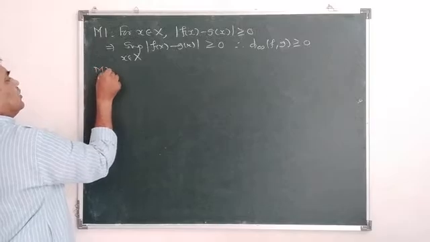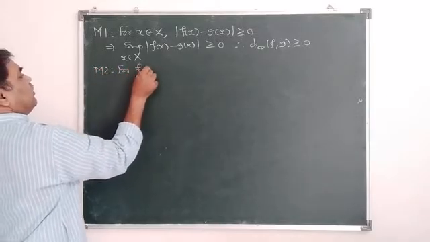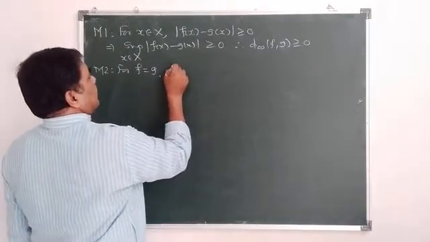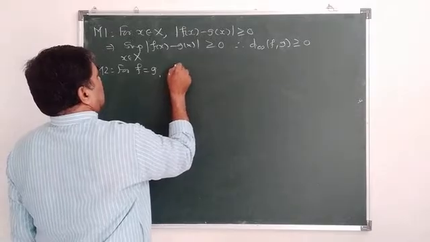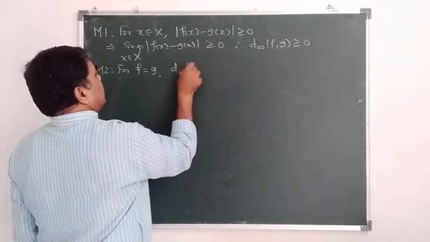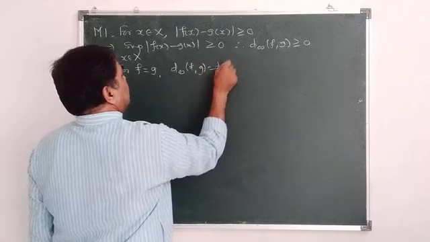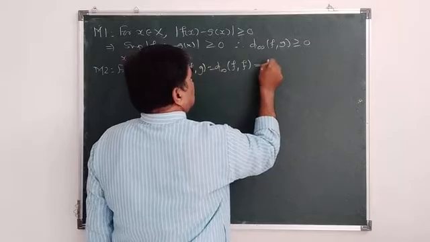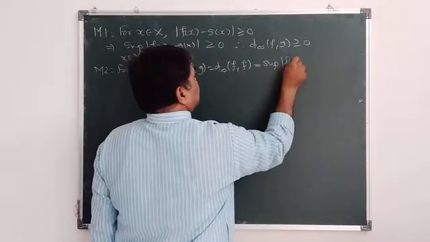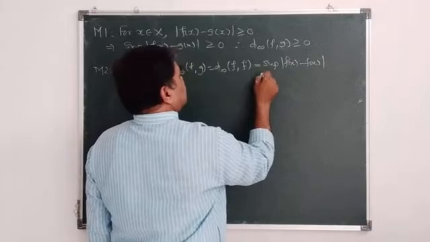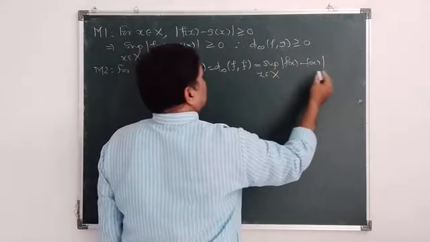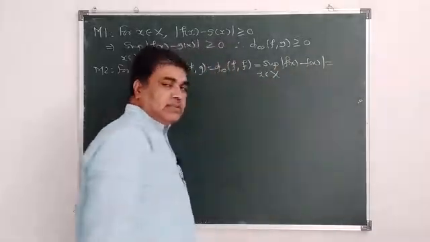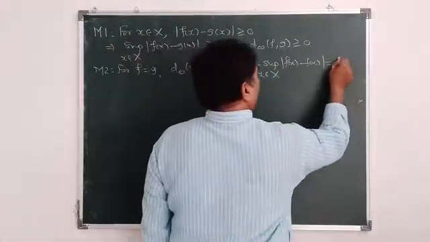M2: for f equal to g, d infinity of (f, g) is equal to d infinity of (f, f). This is equal to the supremum of mod f(x) minus f(x) where x belongs to X. The set contains only 0 and we are taking its supremum, so it becomes 0.